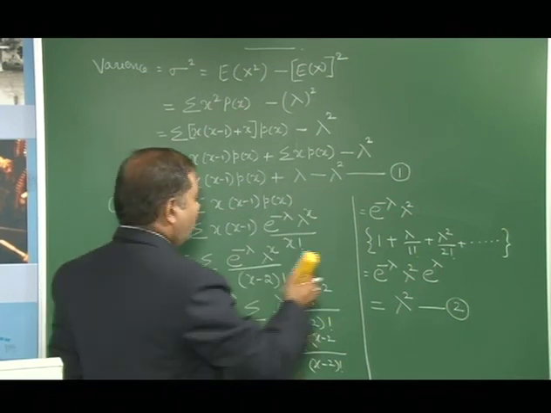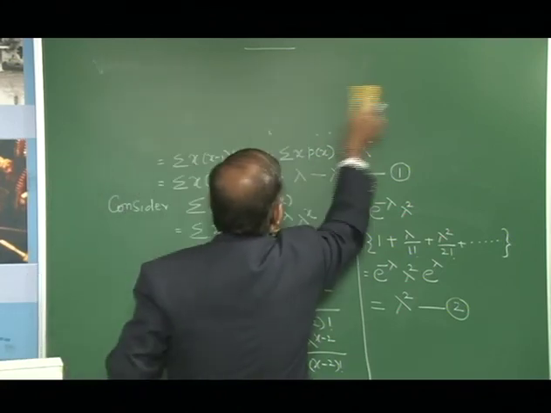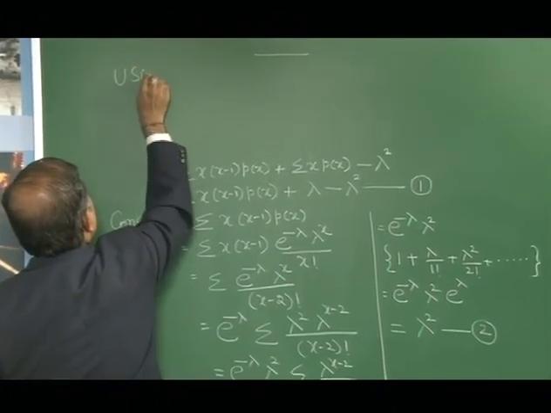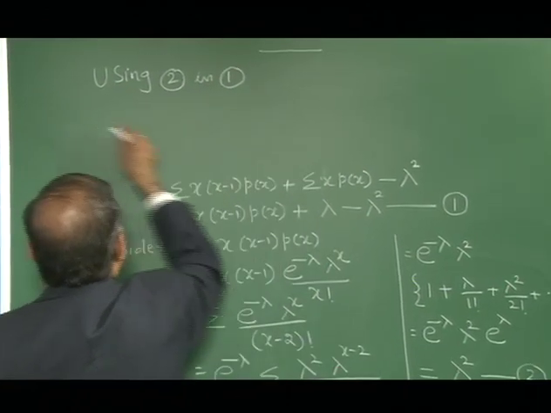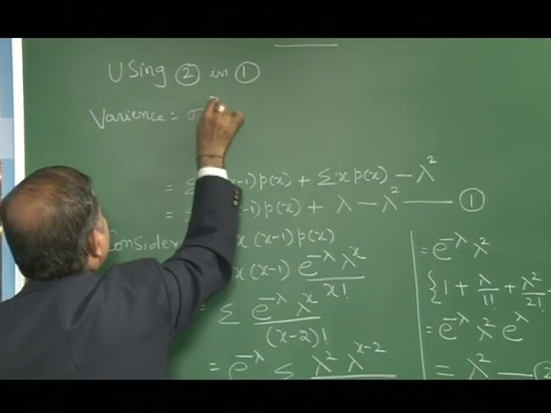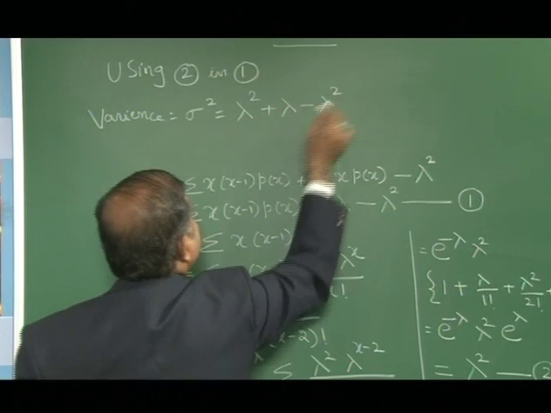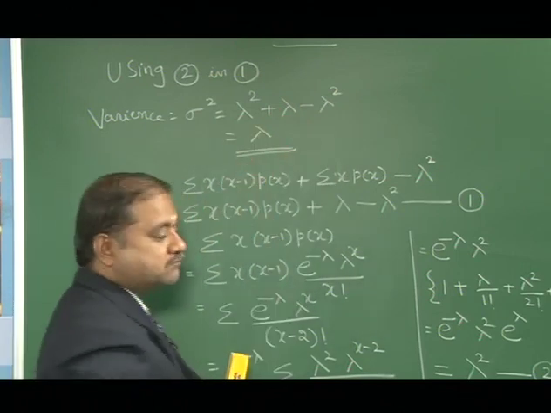Okay, so let us complete it. I will write here, using 2 in 1, variance is equal to sigma square, lambda square plus lambda minus lambda square, which gives you the answer lambda.